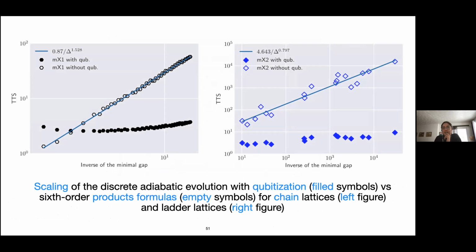So to have a sense of the scaling, I now have graphs in terms of the inverse of the minimal gap, because it's more natural to express the adiabatic algorithm scaling in terms of the inverse of the minimal gap. I mentioned that the adiabatic state preparation is upper bounded by 1 over the gap squared.